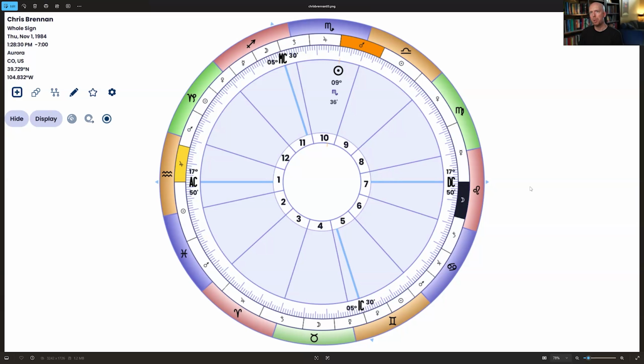So I was born, for example, on a Thursday, which is Jupiter day, and then the position of the sun in the planetary hours relative to quadrant houses ends up becoming the ruler of the hour. I was born with my sun at 9 degrees of Scorpio, with my sun in the planetary hour of Mars. So it's just an alternative way of visualizing the planetary days and planetary hours and how they can look when you project them onto a chart.